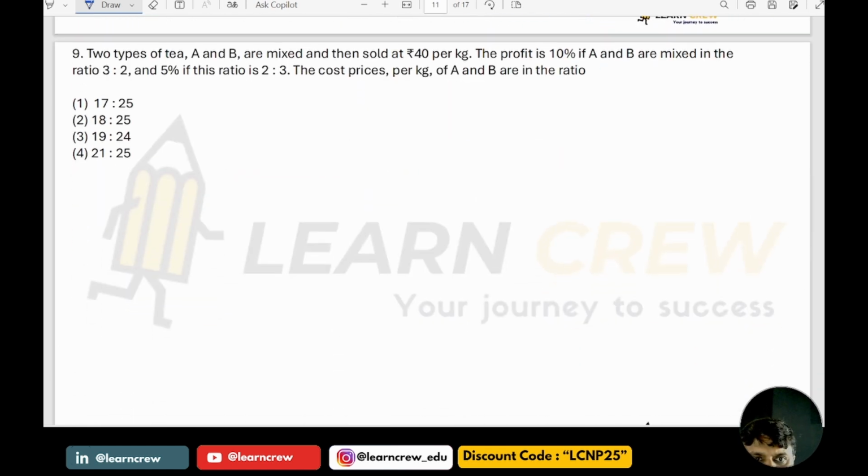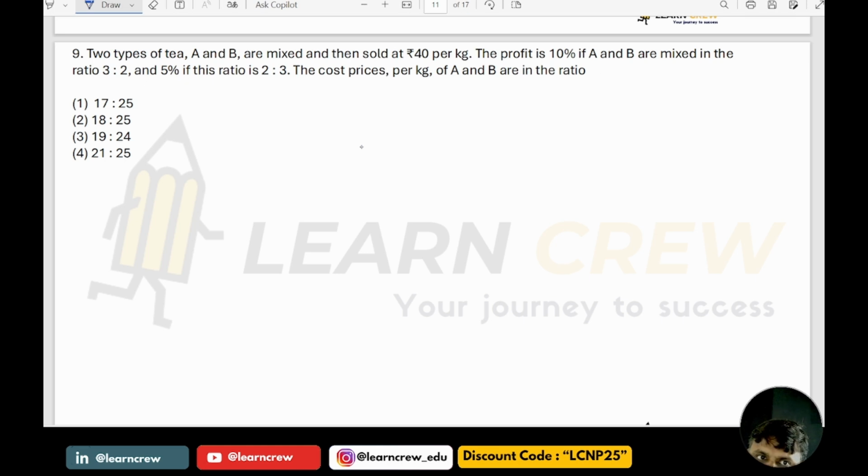Next, two types of tea, A and B, are mixed and sold at 40 rupees per kg. The profit is 10% if A and B are mixed in the ratio 3 is to 2.